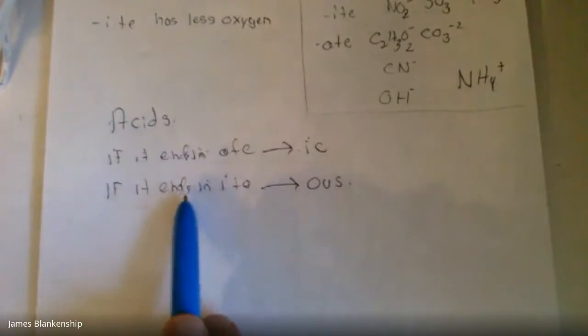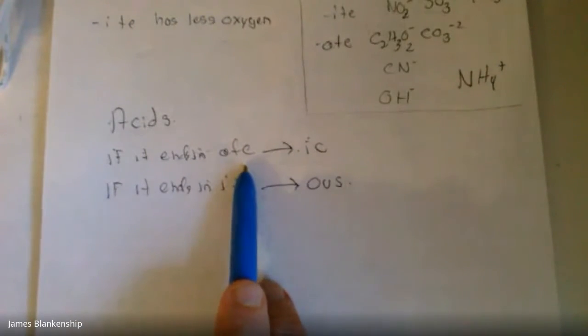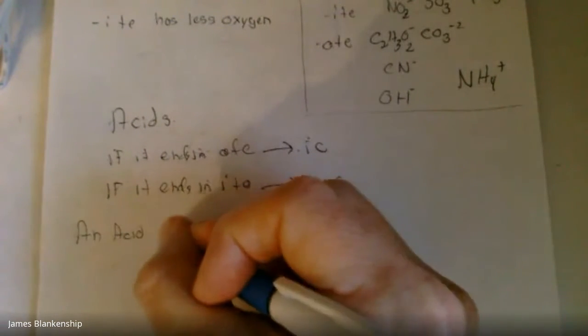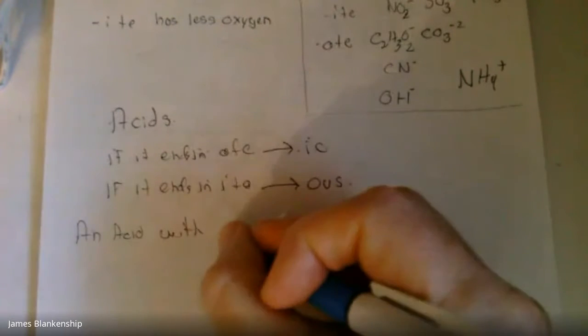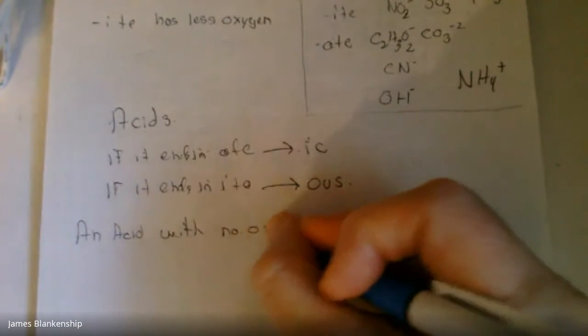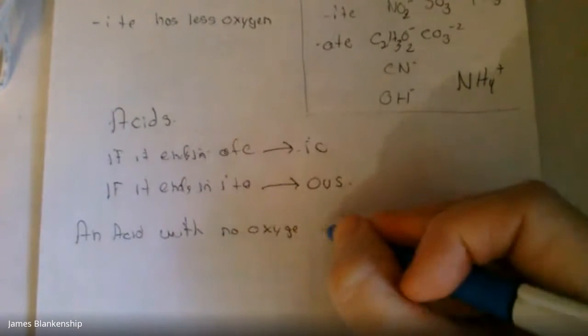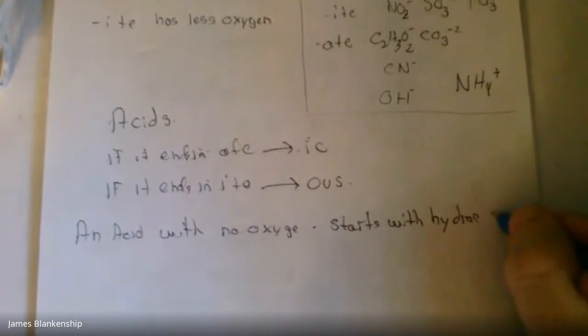Now, ate and ite mean that they have oxygen. So if your acid has no oxygen, it always starts with hydro and ends in ic.